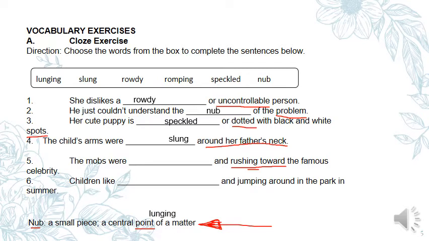It's lunging, moving forward, walking forward. Or rushing. Number 6, children like what and jumping around in the park in summer. So we have jumping around. What is the word? And it has also an ing. Jumping around means romping, or the suitable word is romping.